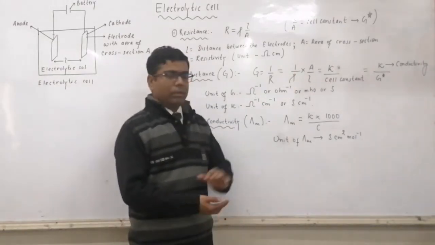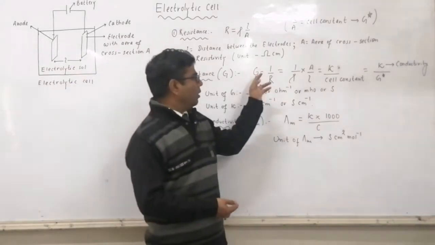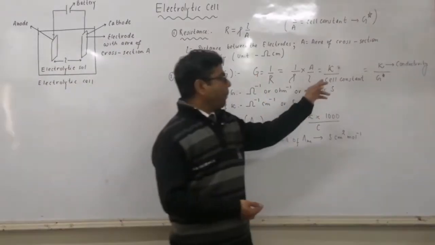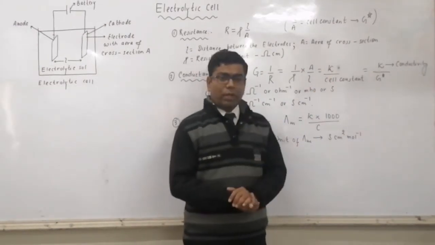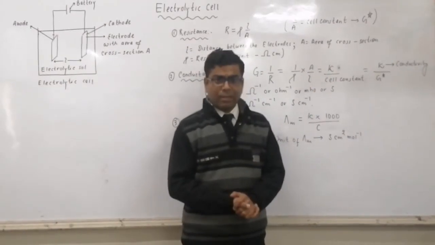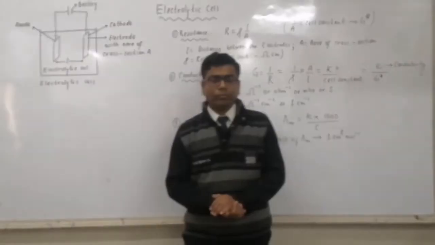And A by L is the inverse of the cell constant. So G will be equal to kappa divided by the cell constant. Kappa is your conductivity, or specific conductance, and the cell constant is written as G star.